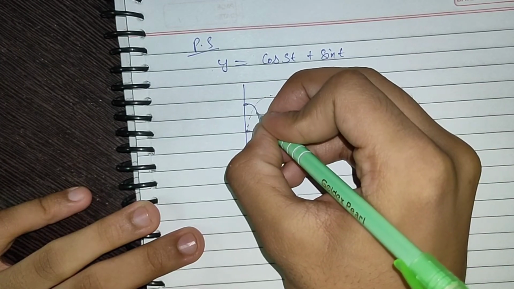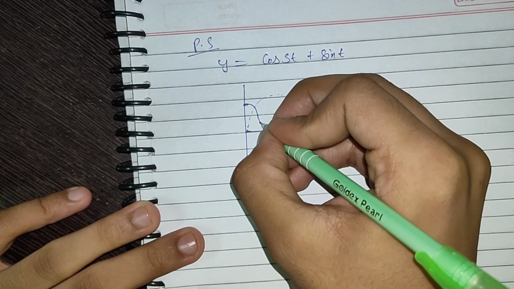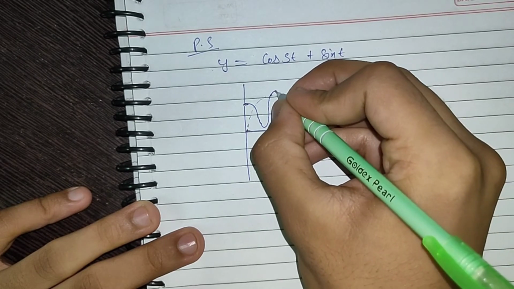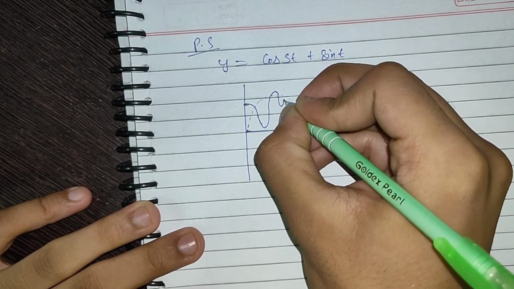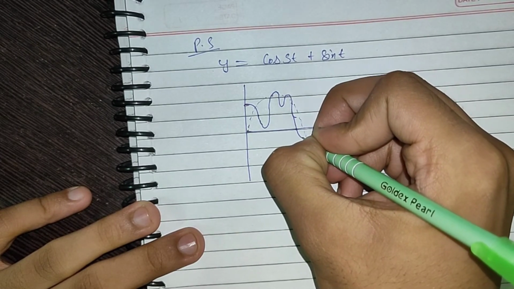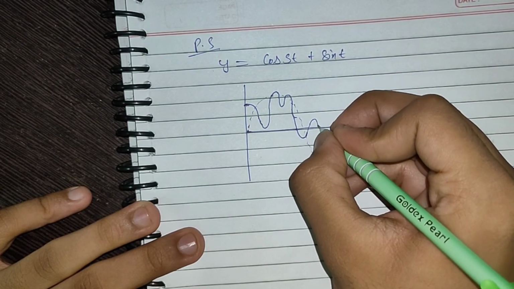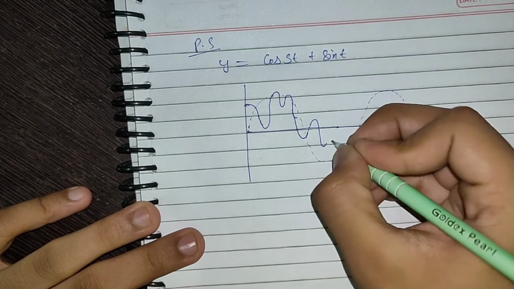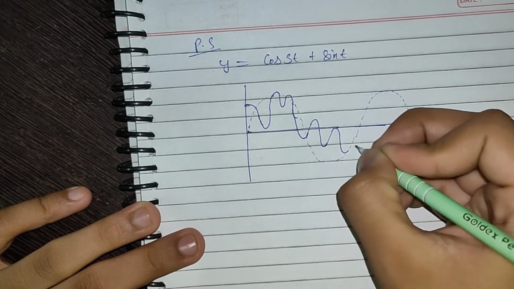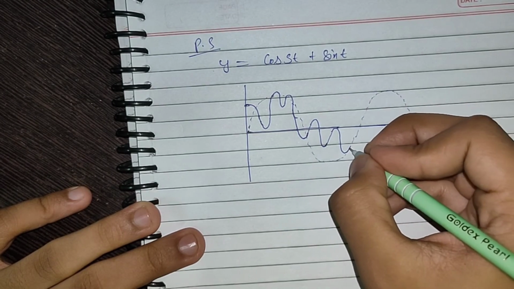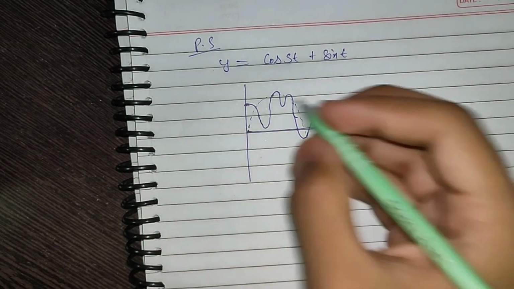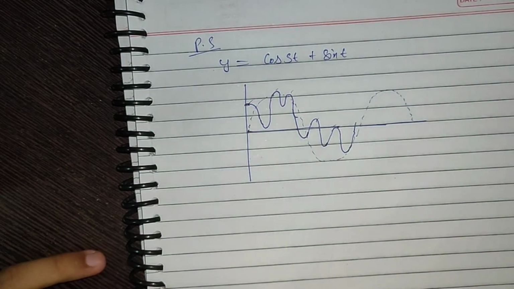This will be something like this. As you can see, there are 5 peaks here, 1, 2, 3, 4 and 5.